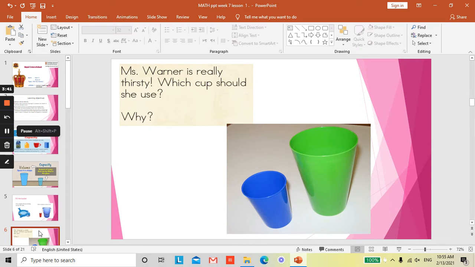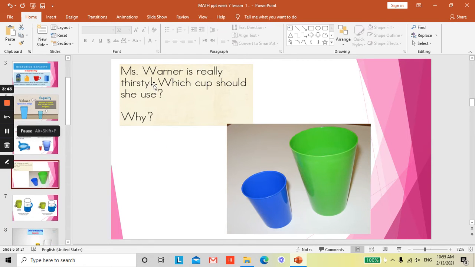We have some more examples. Miss Warner is really thirsty. Which cup would she use and why? We have 2 cups here, the blue and the green. I think the answer is obvious. We'll be using the blue cup.